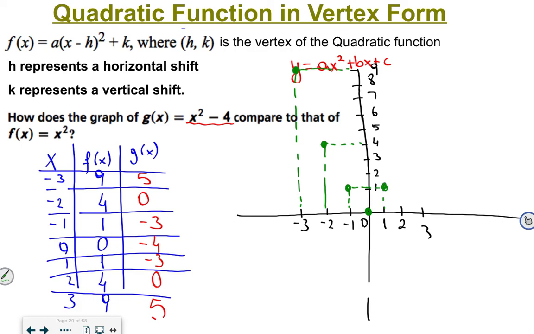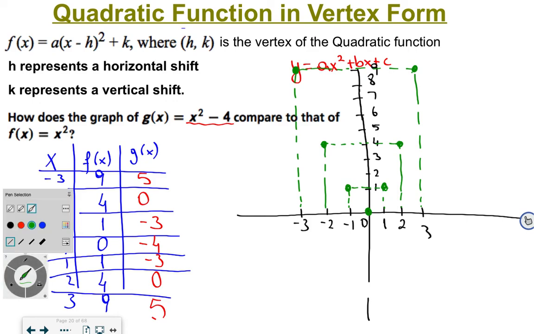After that 2 and 4. And then 3, 9. If you connect the points, you are going to get the f of x function. So this is your f of x.